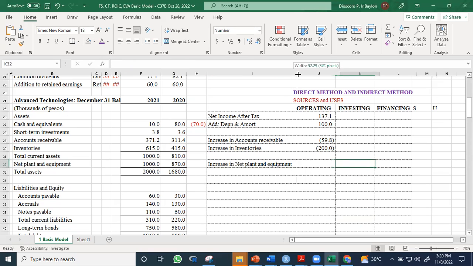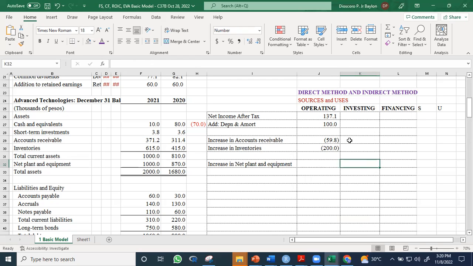Any change here will fall under investing. And since nag-increase siya, ibig sabihin bumili yung company. So it's also a use of cash. 870 minus 1,000.